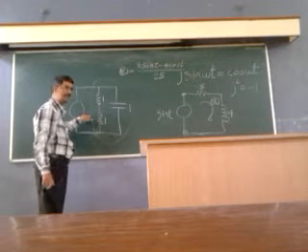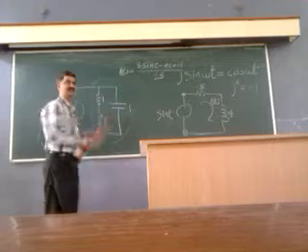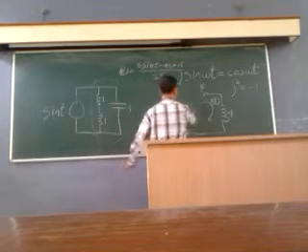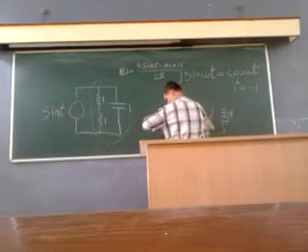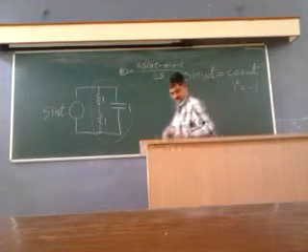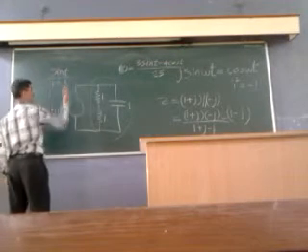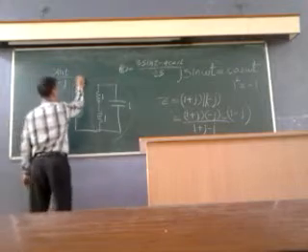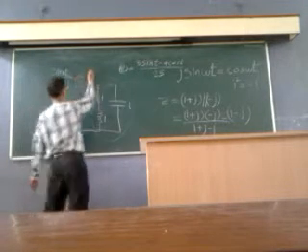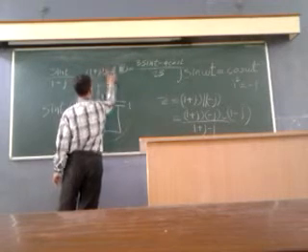Vt upon Z, where Z is 1 plus J in parallel with minus J, right? So we now compute Z. Upon 1 minus J, multiply by 1 plus J. So 1 plus J into sin t upon 2, correct?